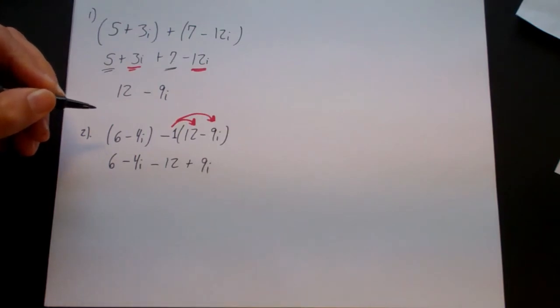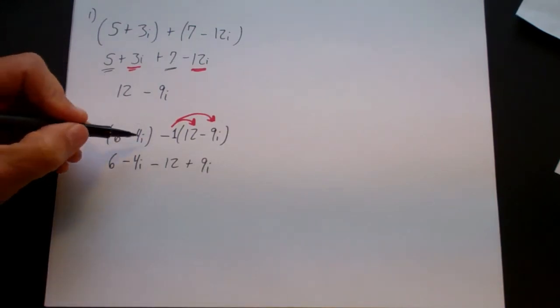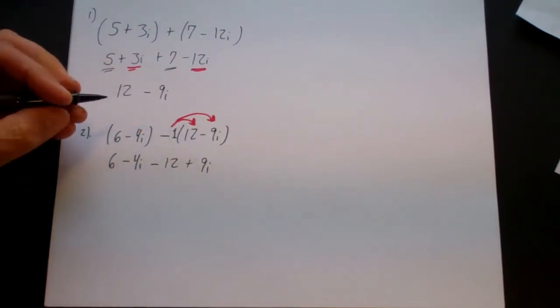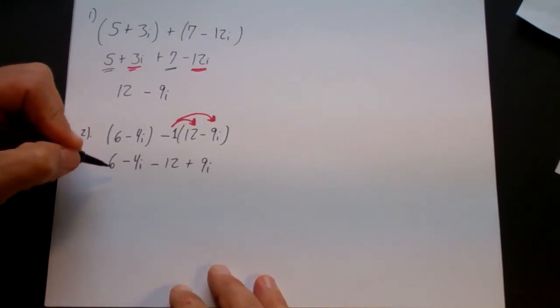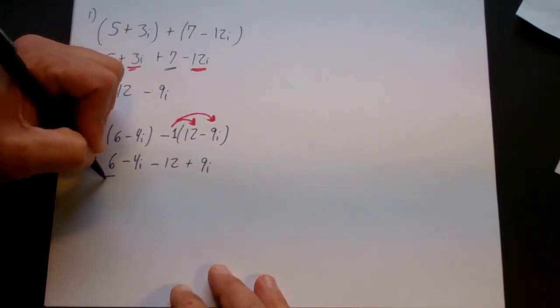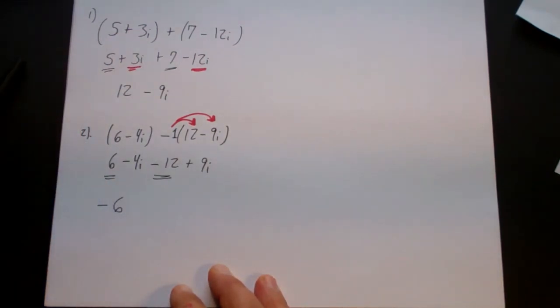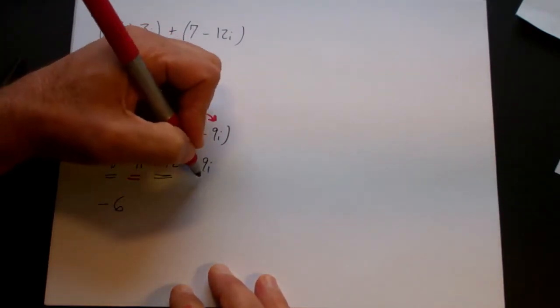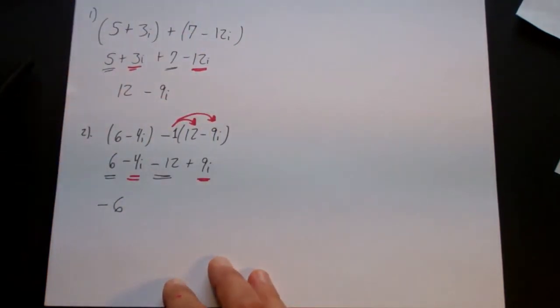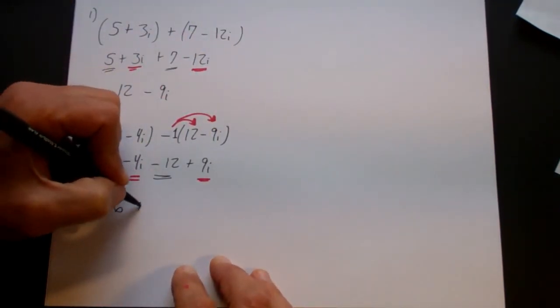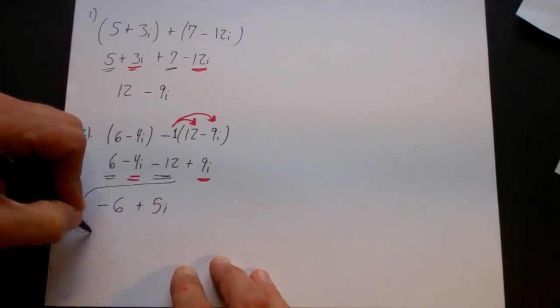If people make mistakes on this problem, almost always they make a mistake when they distribute the negative. Next step would be to collect like terms. The 6 and the minus 12 are like terms, so that's a negative 6. And then the negative 4i and the 9i, negative 4i plus 9i would be a plus 5i. And there's your answer there.